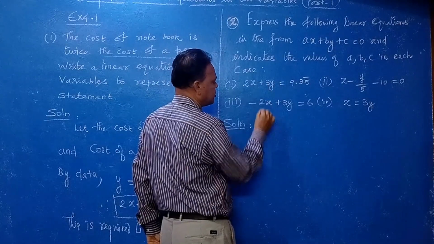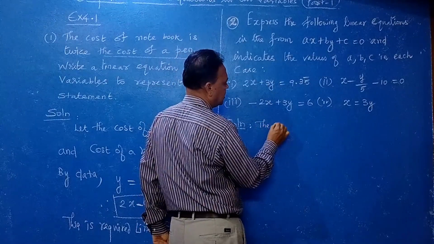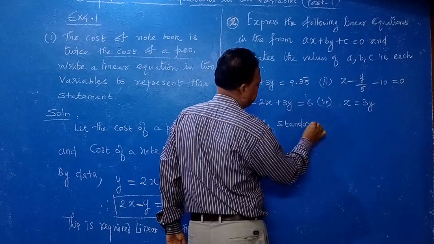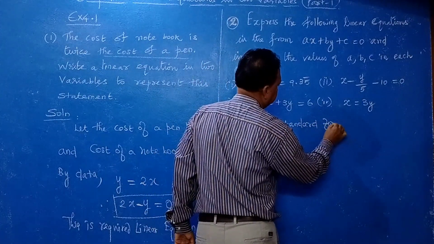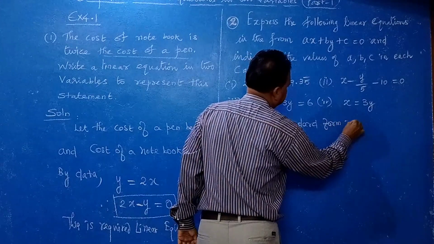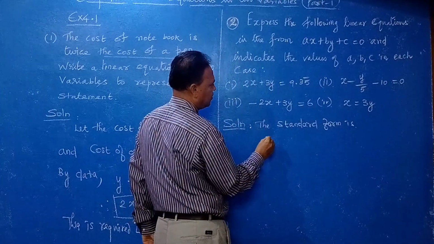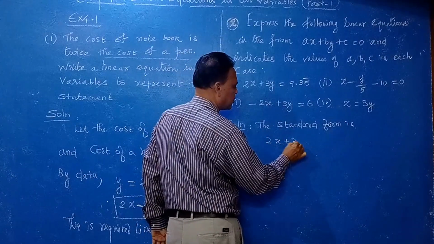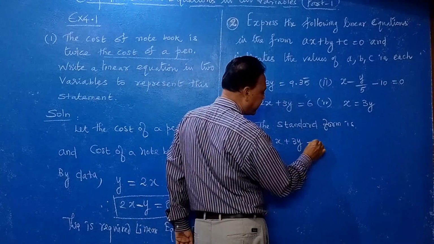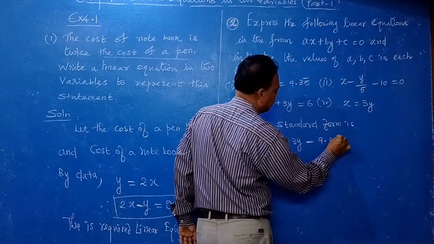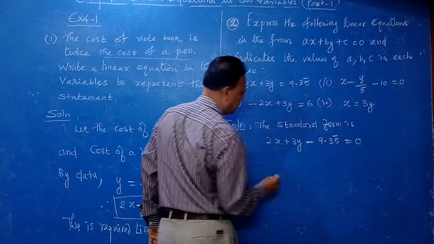Now you see, the standard form you have to write. You are writing this equation in the standard form. Standard form is 2x plus 3y minus 9.35 bar equal to 0.